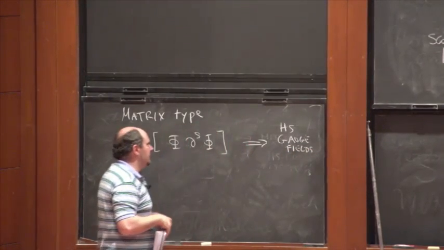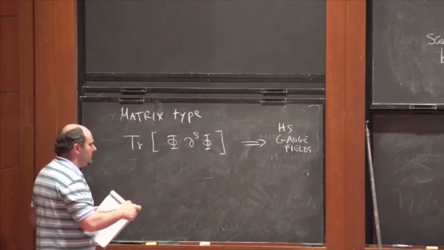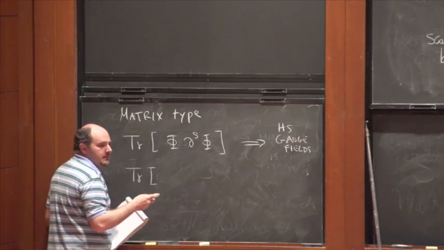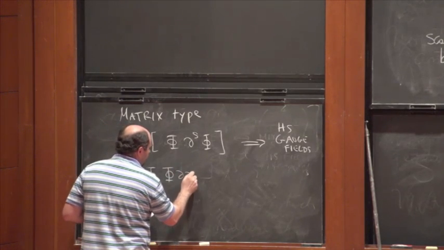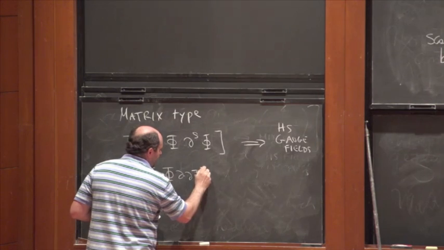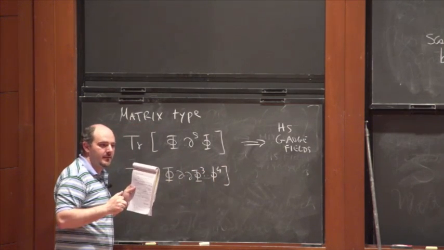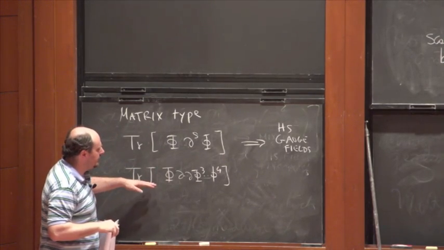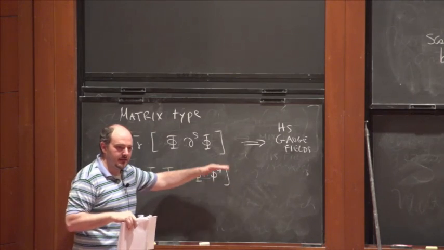But the spectrum of single trace operators in these matrix type theories is more complicated because there are also many more operators which are not conserved currents. String any matrices, the number of matrices that you want, take a single trace, that's still a single trace operator. It should be dual to some single particle state, but it's not a conserved current.